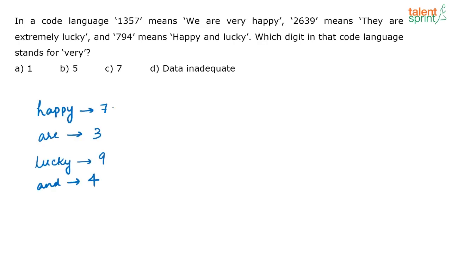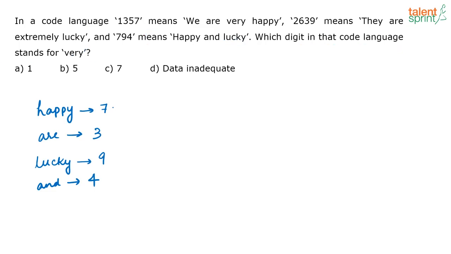See, sometimes in questions on this language coding, you will have 2 or 3 questions that follow. So that's why I just wrote down whatever information that we can find out here. In a code language, 1357 means we are very happy. 2639 means they are extremely lucky. 794 means happy and lucky. Which digit in that code language stands for very? Okay.